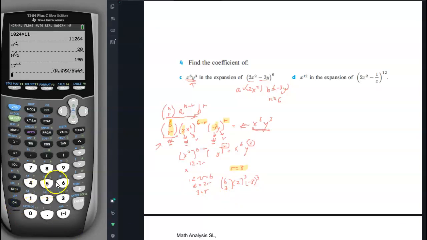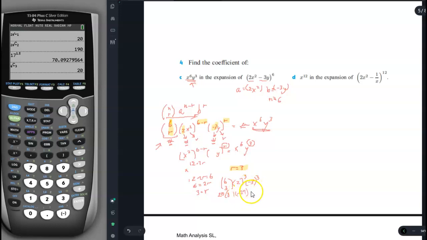It would be math, probability, nCr, 6 choose 3. So it's 20. Okay, so it'd be 20 times 2 cubed, which is 8, and -3 cubed, which is -27.